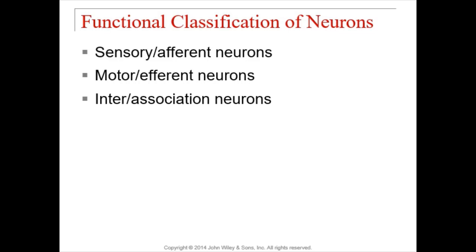And like usual, the structural and functional classes are related. And you got to know how. So let's remind ourselves about the 3 functional classes. Remember, there is 3 structural classes. There's a multipolar neuron, a bipolar neuron, and a unipolar neuron. Turns out the multipolars I mentioned earlier were the most common neuron in your body.